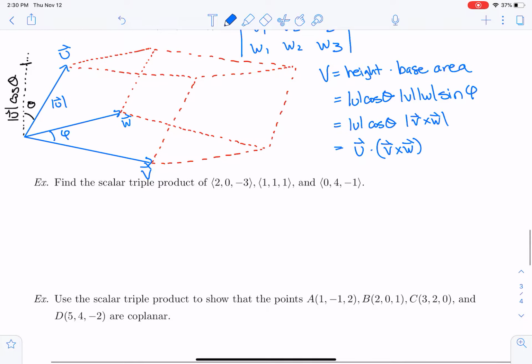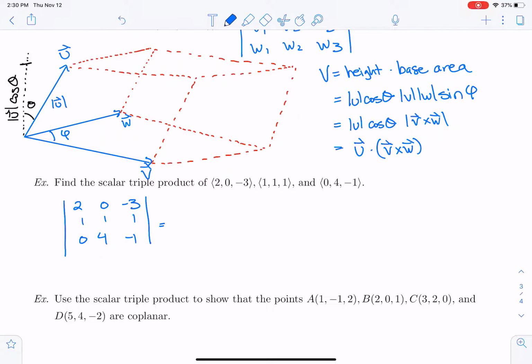Okay, so let's do an example. We're going to find the scalar triple product of those 3 vectors. They are 2, 0, -3, 1, 1, 1, and 0, 4, -1.